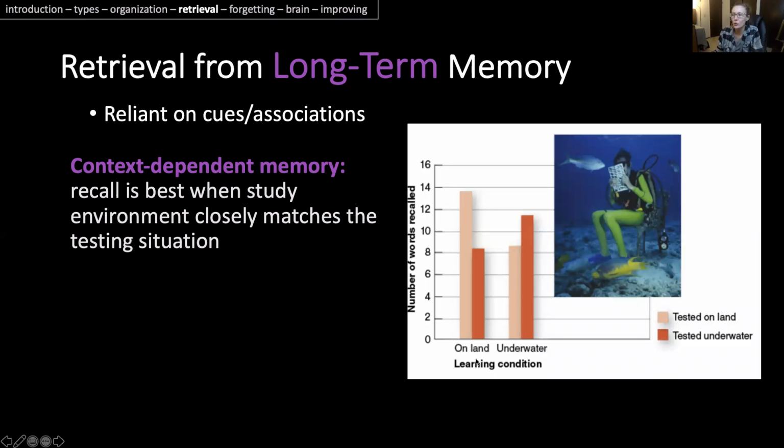And they found that the scuba divers that studied the words on land and were also tested on land did a lot better. And the scuba divers that learned underwater and were tested underwater did a lot better. It's an interaction. So what this shows is that if you study and you test in the same spot, you'll do better than if you change one of your environments.